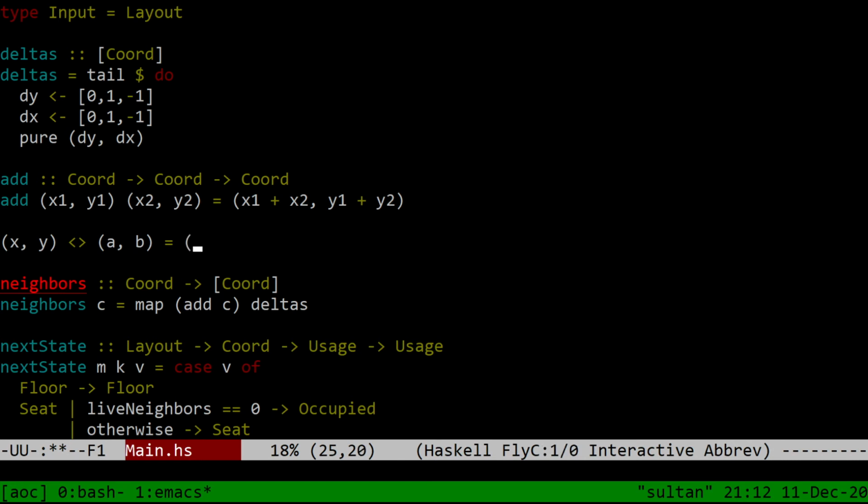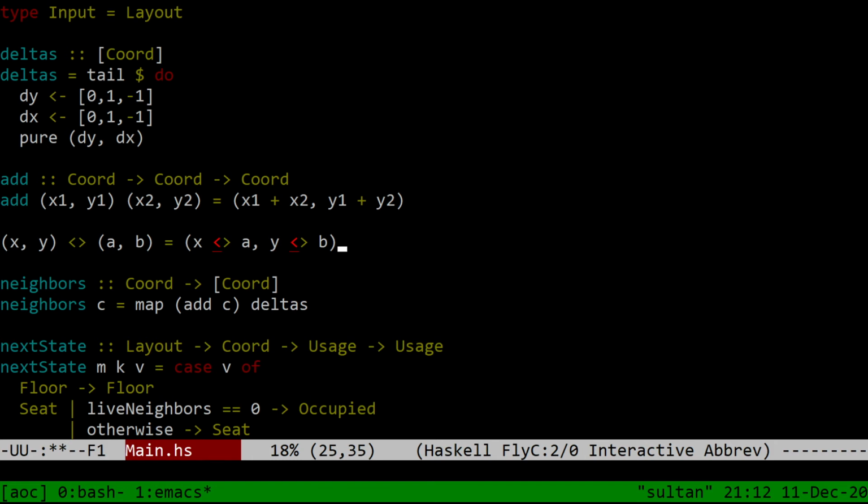This is in the standard library; it isn't something you would have to define. If you have a tuple of two things which are themselves monoids, you can just use the monoid composition operator to compose your two monoids pointwise.